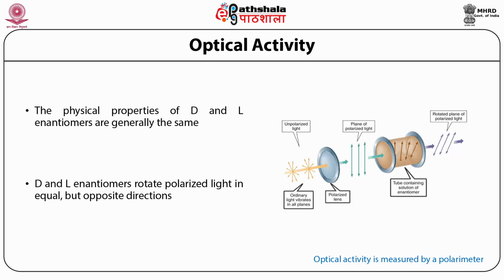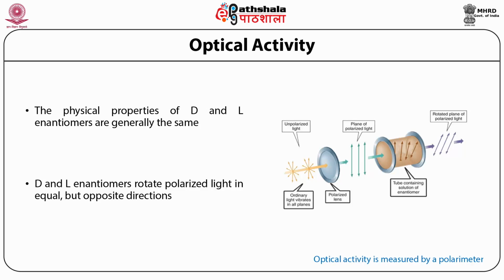The linear polarized light that you see here, which comes out after it has passed through the polarizer, is actually a result of a superposition of two components that counter-rotate, which will then propagate with different velocities in an optically active medium.